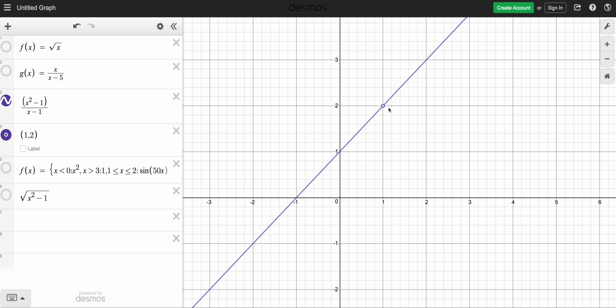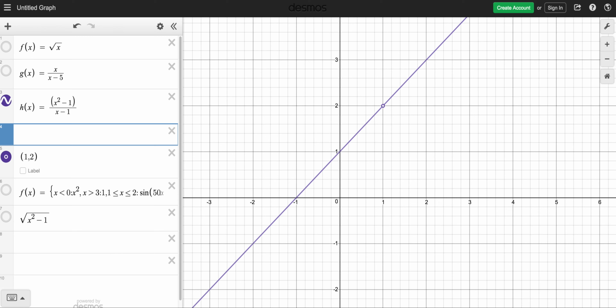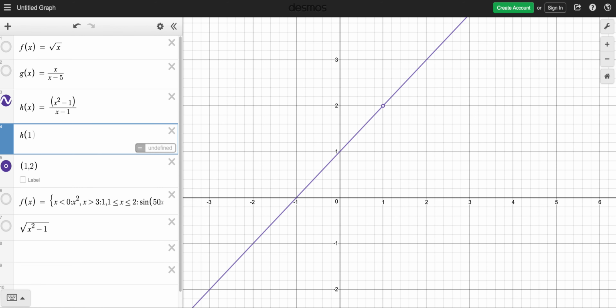And if we want to say, well, what's going on here? If we go back and look at our formula, let's call this function h of x. Then we see that we can't plug in 1 because we would have a 0 in the denominator. In fact, if we want to check that, if we try h of 1, we see that we get undefined on that line, right?